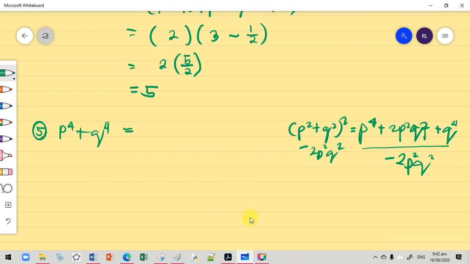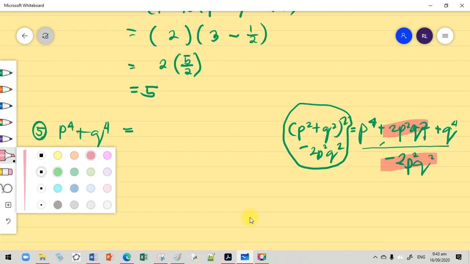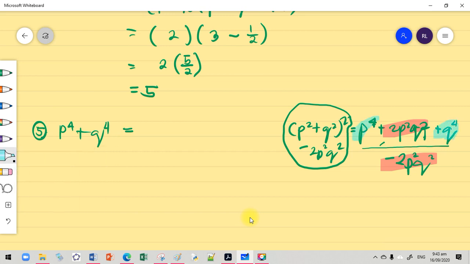So we are left with p raised to 4 plus q raised to 4. Therefore p raised to 4 plus q raised to 4 is just p square plus q square, the square of that, but subtracting 2p square q square.